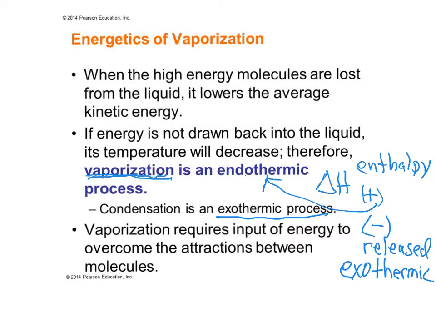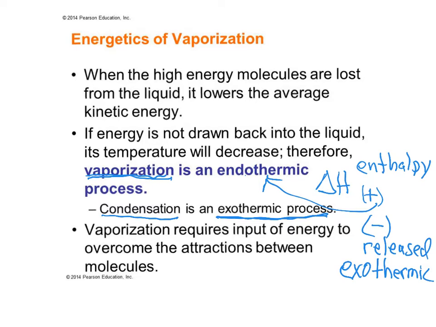Heat is released for condensation, so it's exothermic. So just think through that for a little bit. That will make sense if you think about it. In the example I just gave you, I added a very cold substance, which is going to take the energy from the molecules that hit that container, so the molecules are going to release their energy into the liquid nitrogen that I used.